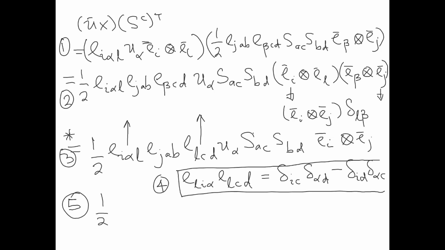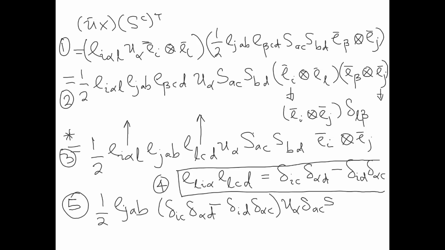So I now have alpha, E, J, A, B, Kronecker delta IC, Kronecker delta alpha D, minus Kronecker delta ID, Kronecker delta alpha C, U alpha, SAC, SBD, EI, EG. So that's just it. So that's step 5.